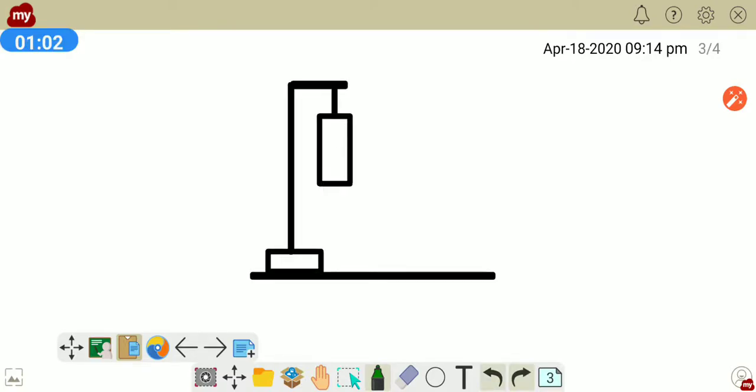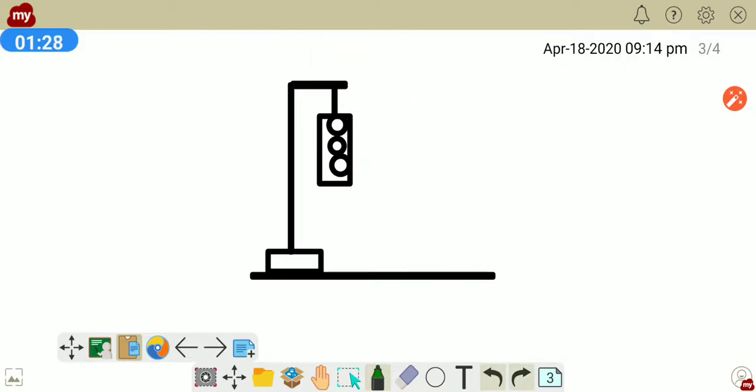Let us consider a traffic lamp which is hanged with the help of a string to a rigid roof. This is the string, and this is the lamp, and this is the rigid roof, maybe.